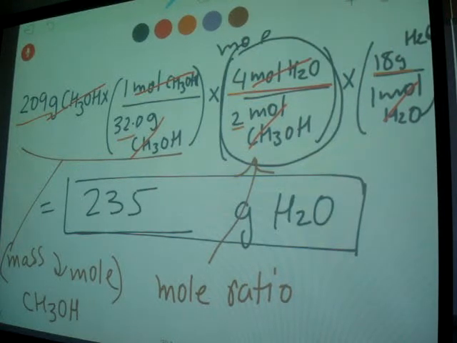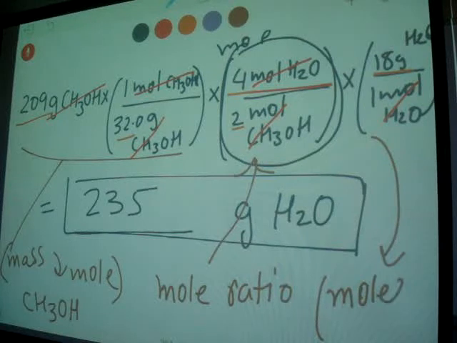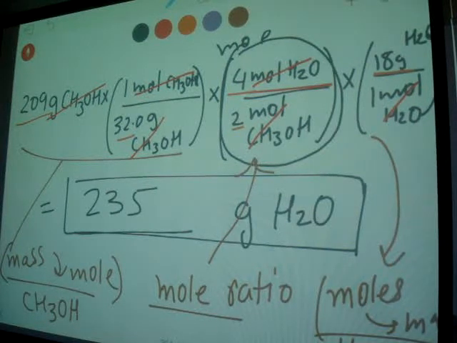And then in these steps we convert moles of water to mass again, but that's for water. So those steps we worked on, 3 steps, and that's how we got 235 grams of H2O in this process.